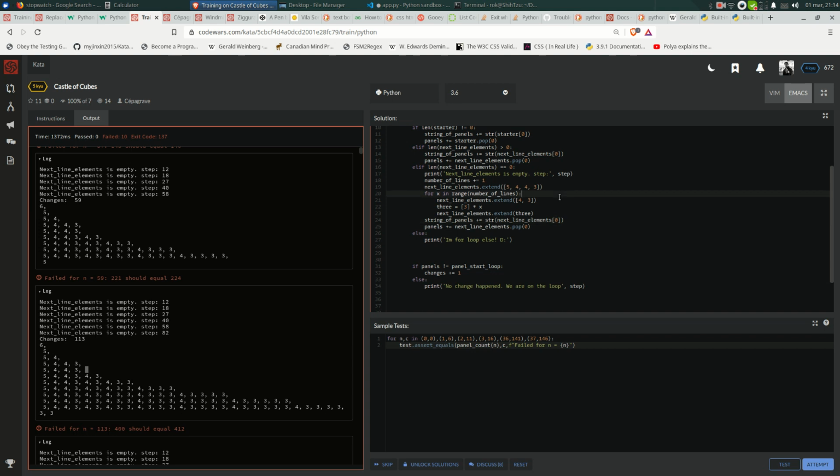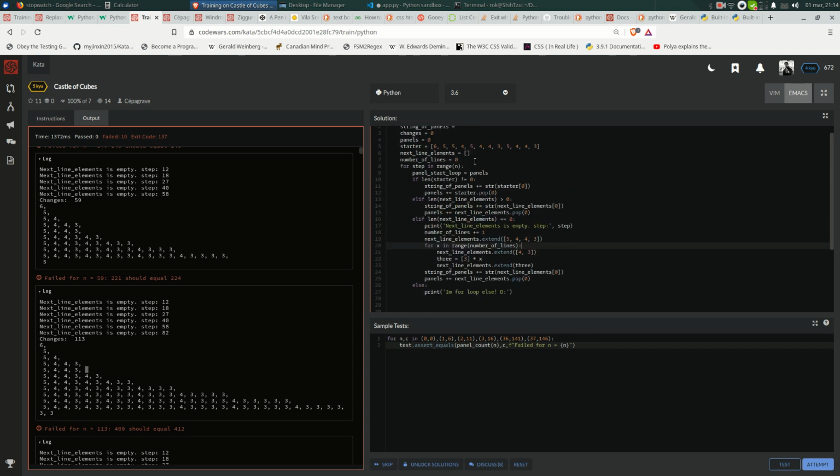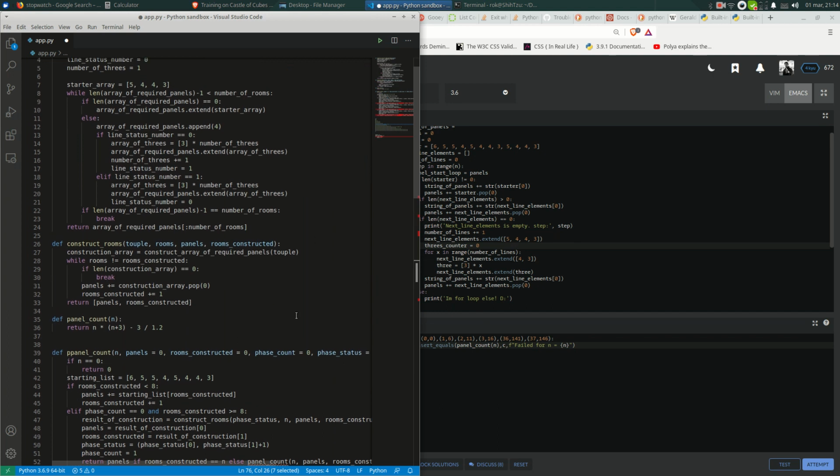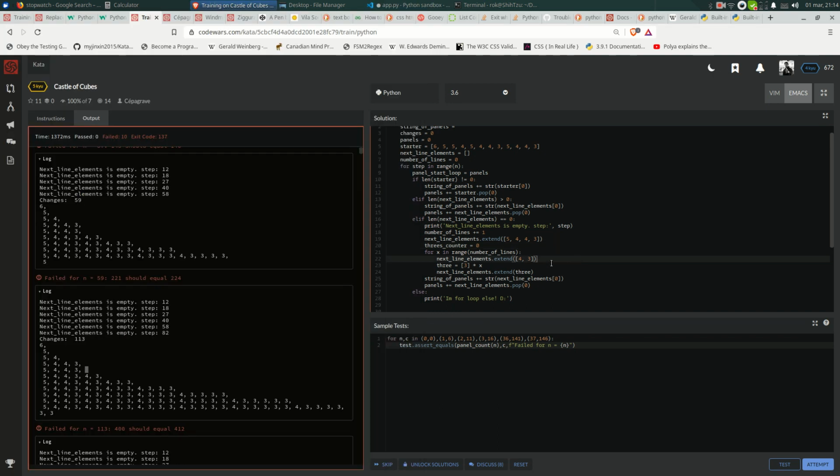So we say right over here, when you say for x in range number of lines, let's try to remedy that with the threes counter. We need to imitate the pattern that we have from here, sadly.